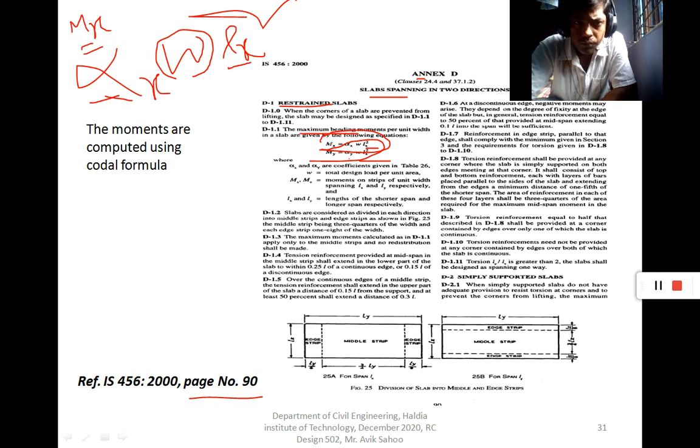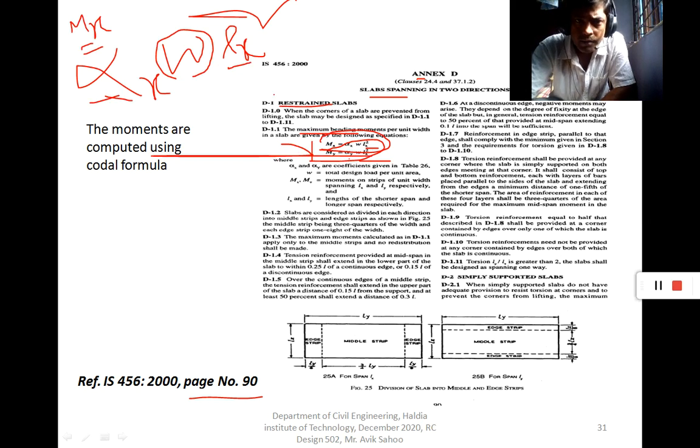So for computing both moments, the shorter span is considered as per code, and this is a simplified formula mentioned in code to compute the moments in slab.